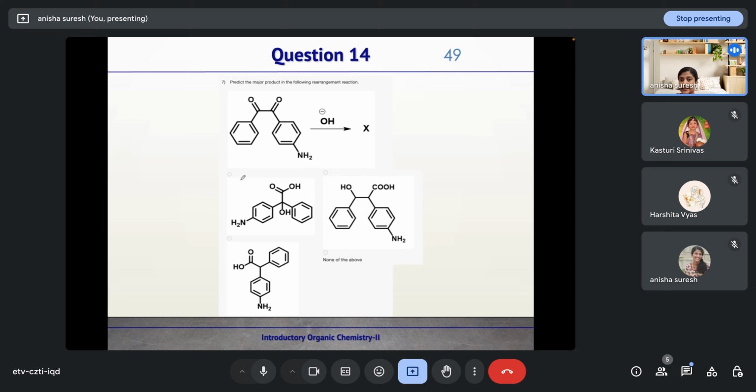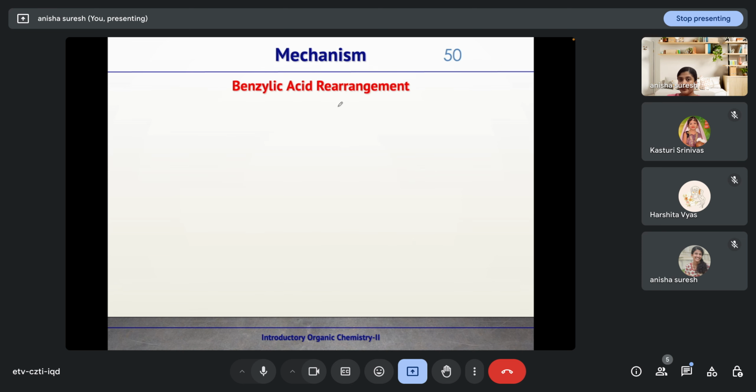We can see the mechanism. What can be the product? Benzilic acid rearrangement. Yeah, we will see the mechanism. This is benzilic acid rearrangement.